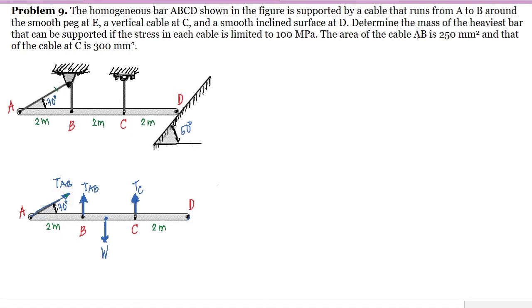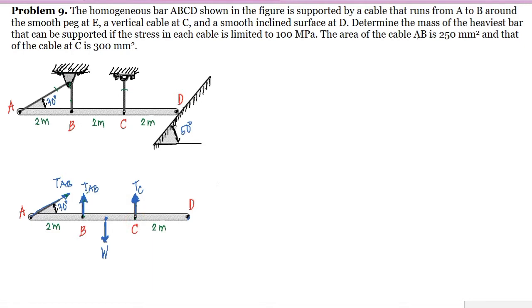Since this cable is running all the way to here, and this is a smooth peg, the same tension runs in the entire cable, meaning here at point B, we will see the same tension AB. And here, if we are going to cut this, we expose the tension at point C.